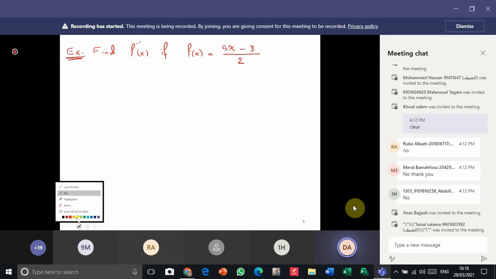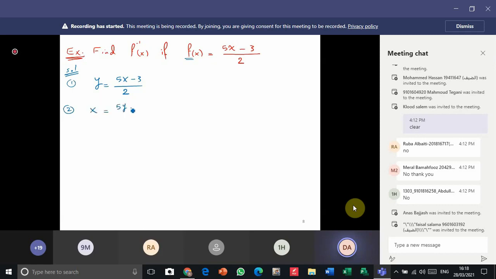To find the inverse of f of x, the solution: firstly, y equals 5x minus 3 over 2. So this is the first step. Replace f with y. Now, the second step, if we have y, put x. If we have x, put y. Now, we need to keep y alone, on the left-hand side or right-hand side, no problem. But we need to solve for y. So we need y equals, not x equals.